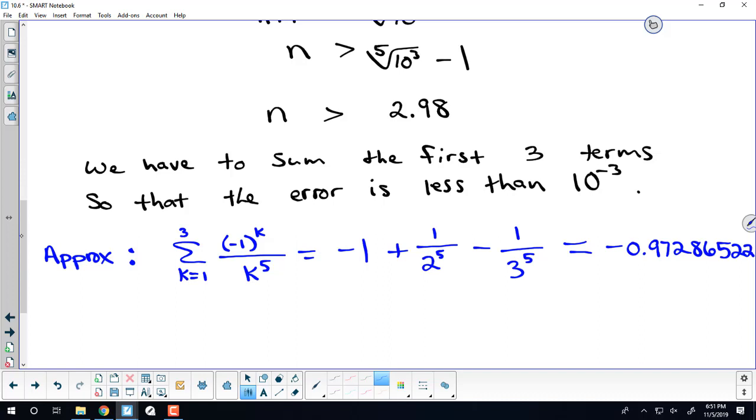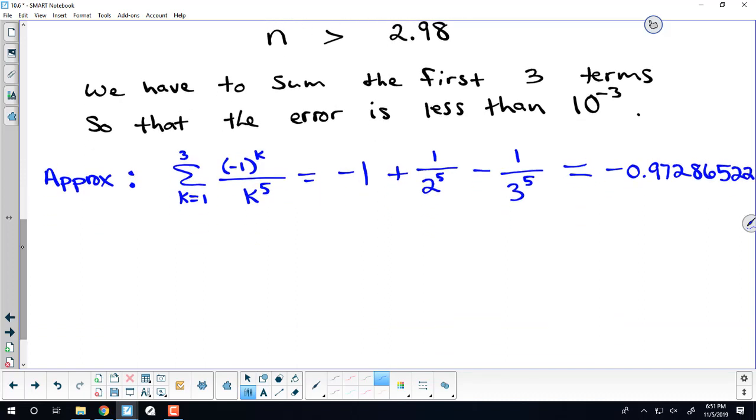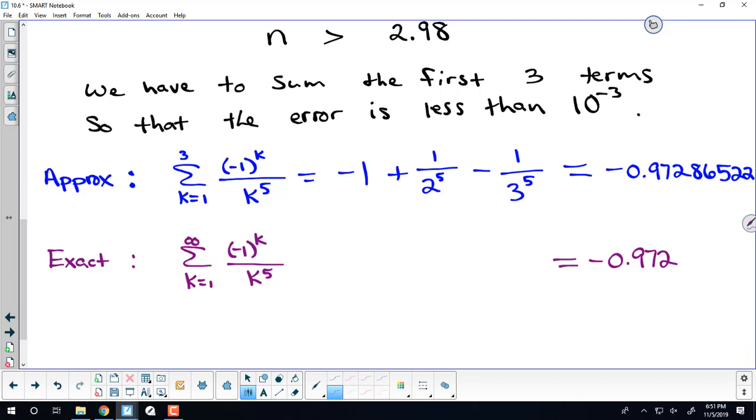Using 3 terms, that's the sum of the series. The exact value of the infinite series is negative 0.97212.